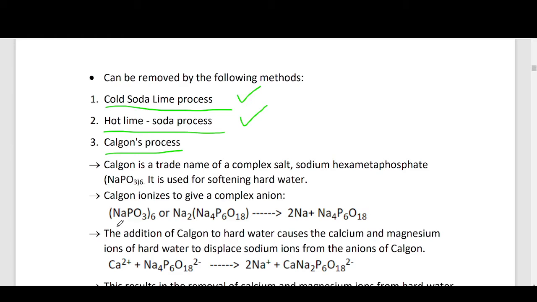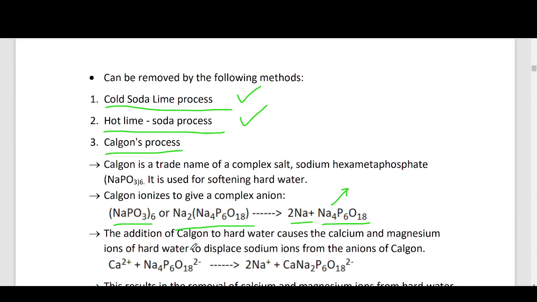So Na2[Na4P6O18] ionizes to give 2Na+ and [Na4P6O18]2-. So this is mainly used. The addition of Calgon to hard water causes the calcium and magnesium ions of hard water to displace sodium ions with the anions of Calgon. So this ionized form Na4P6O18 is mainly used.